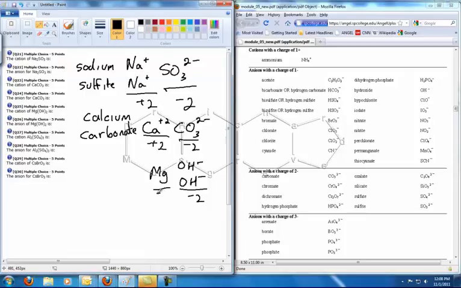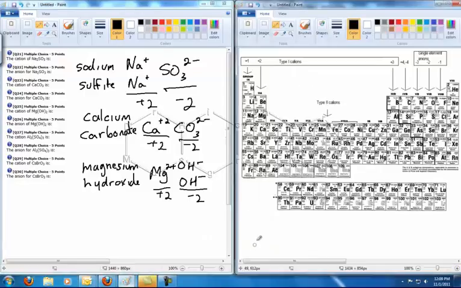That means that the total positive charge is +2 to match this one, and the charge on the magnesium is going to be 2+. So the name of this one is magnesium hydroxide. Again, no need to put a number or charge in the name because magnesium is in group 2, it always has a +2 charge.